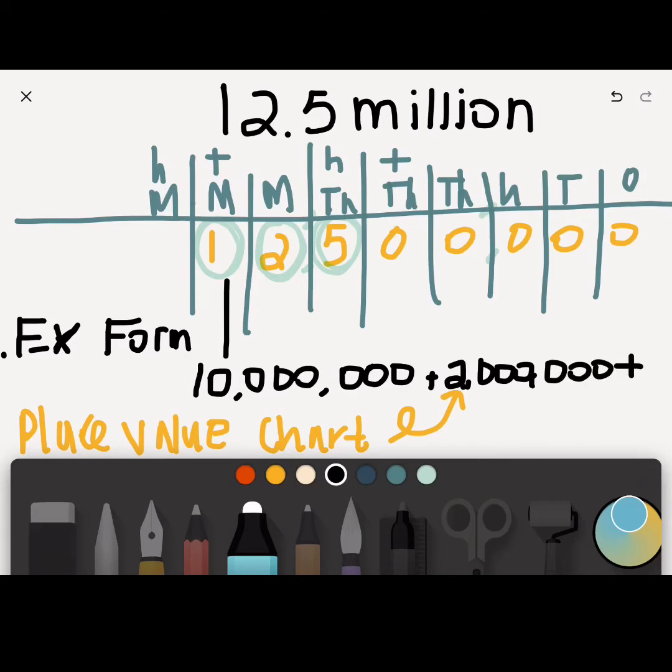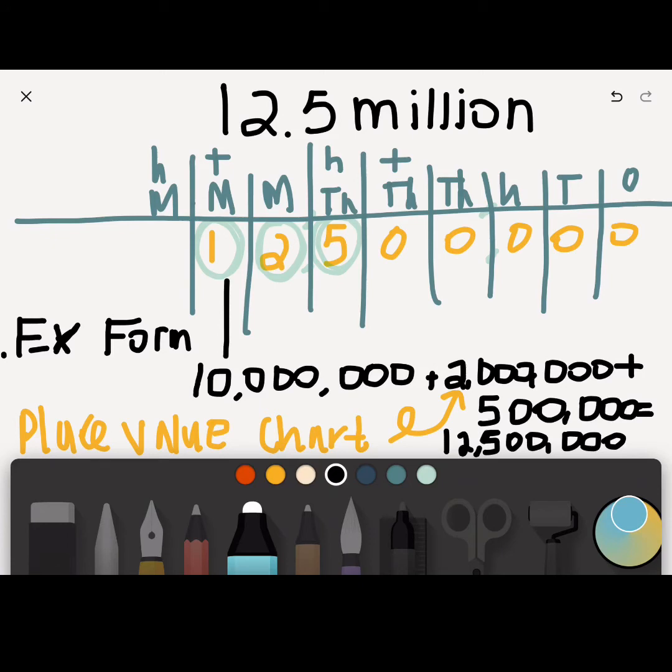And the 5 in the 100,000s place has a value of 500,000. So we know that all of these numbers come together to make 12,500,000.